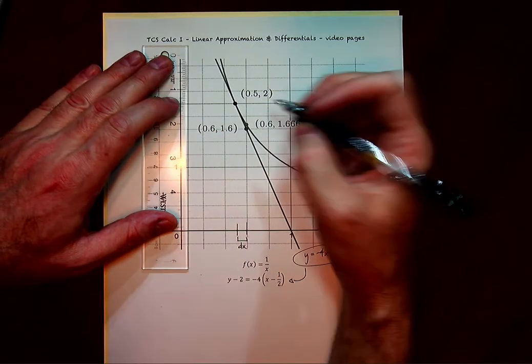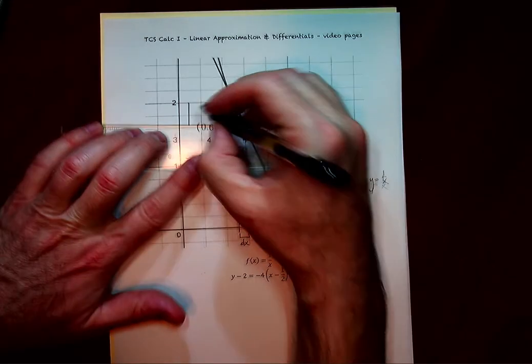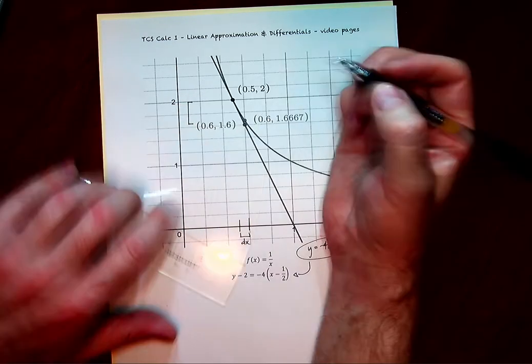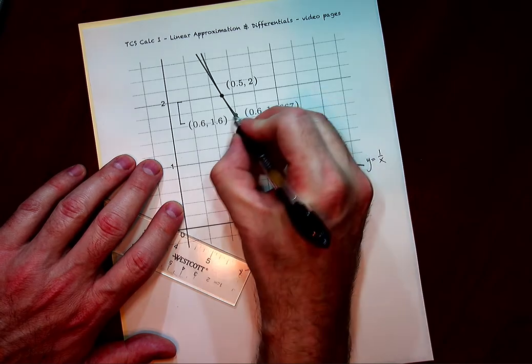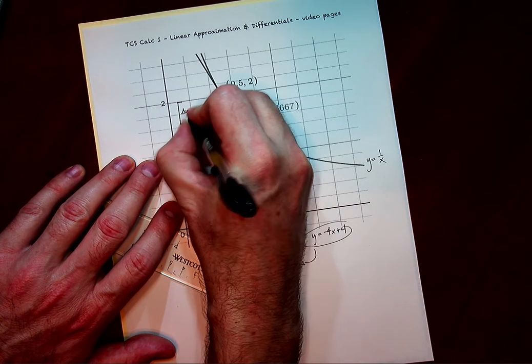Obviously, there was a change, right? There was a change in y. Now that change in y right here is the actual change in y because this point right here is on the curve. This is delta y.